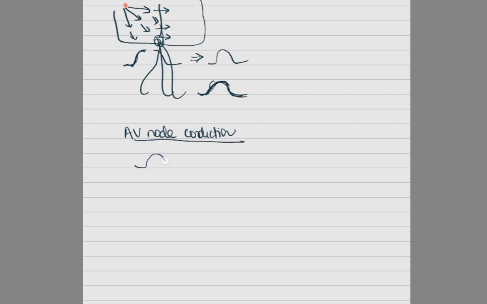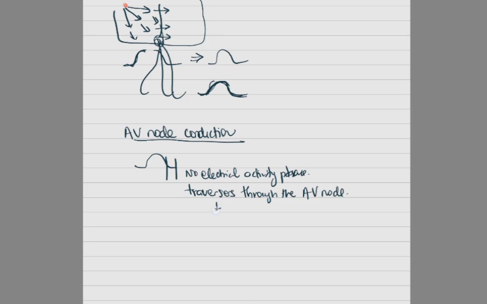So now we have got the atrial contraction, the P wave. So this is a phase where there is no electrical activity recorded in the ECG. Why? Because the impulse traverses through the AV node, then the His bundle, bundle branches, fascicles, and then the Purkinje fibers.